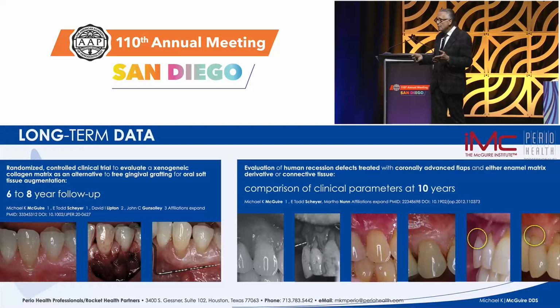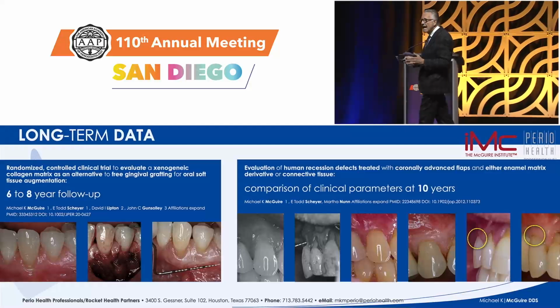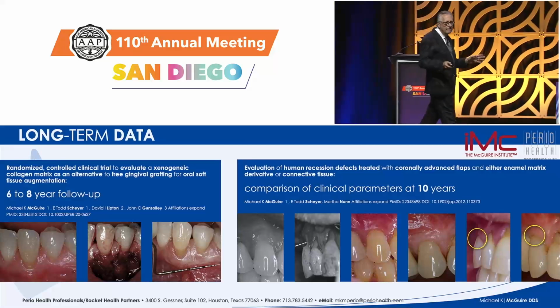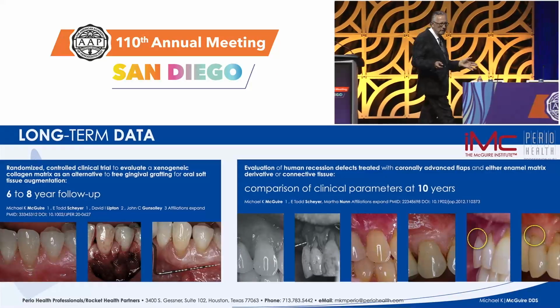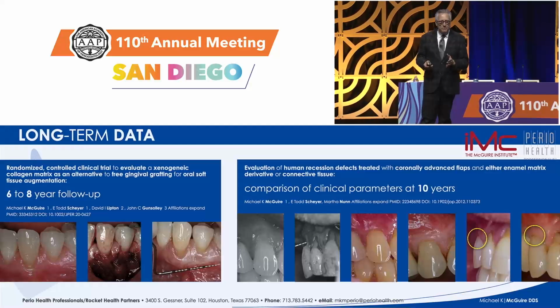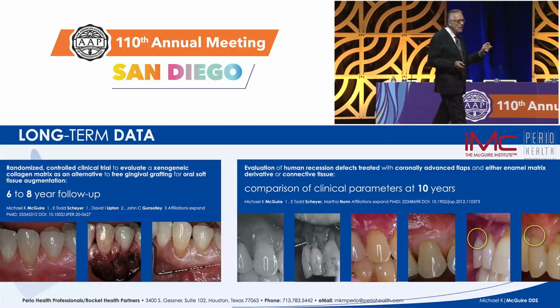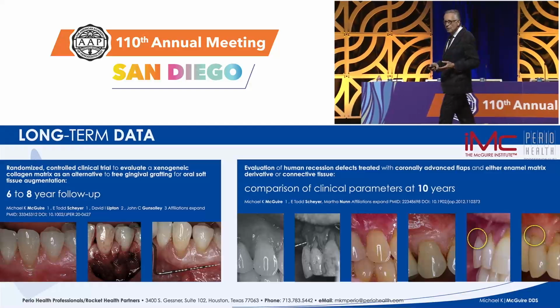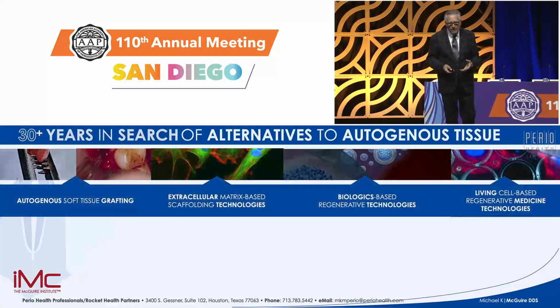I hate to tell you, but most studies only go out to 6 months, and everything works at 6 months. I want to know what happens at 3 years, 5 years, 10 years, longer. And it's very hard to do that with anything other than practice-based research. And the reason we can do that is because the subjects in these studies are patients at our practices, and they hang around. And so we're able to bring them back and see what's happening long-term.